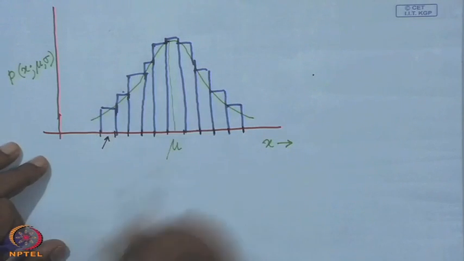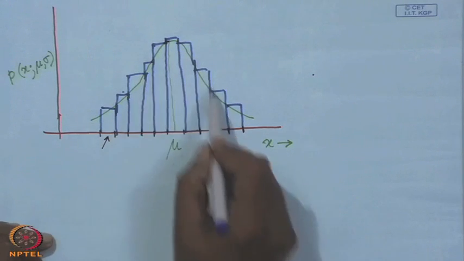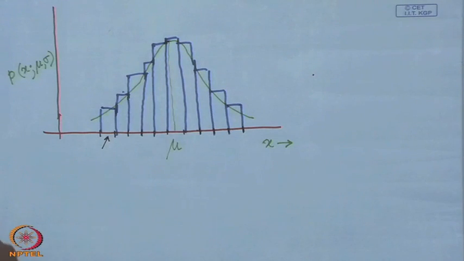So, this is a piecewise constant representation of this continuous probability density curve.